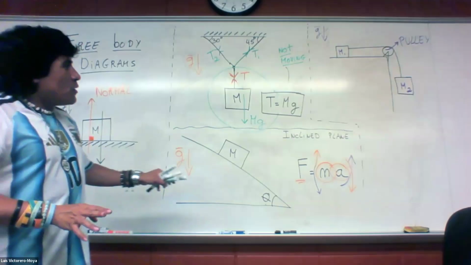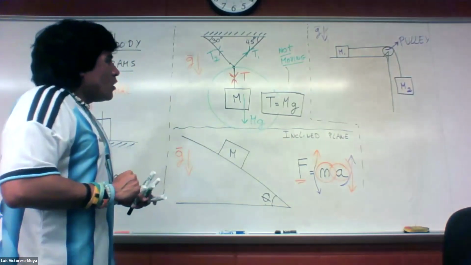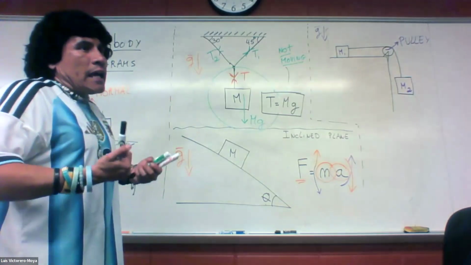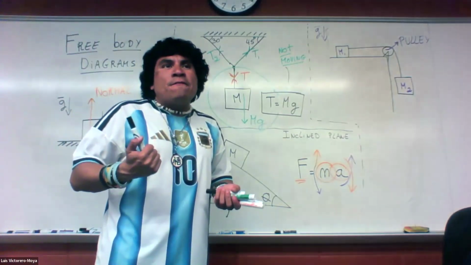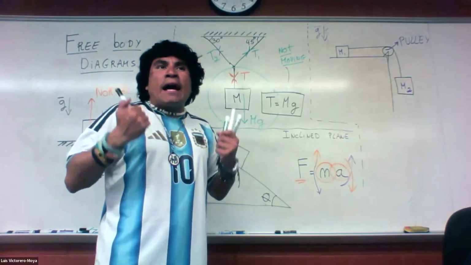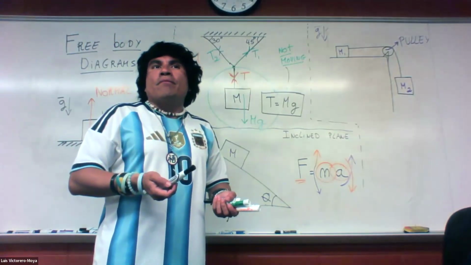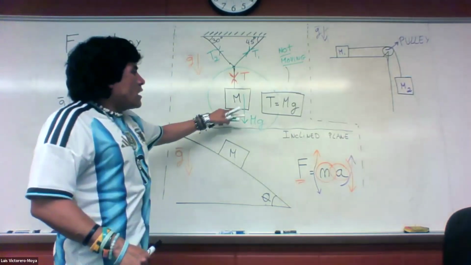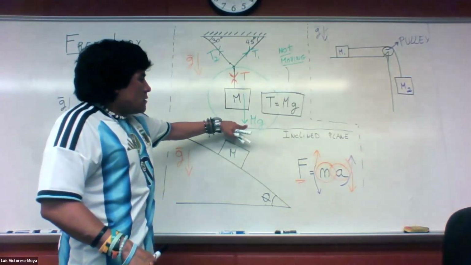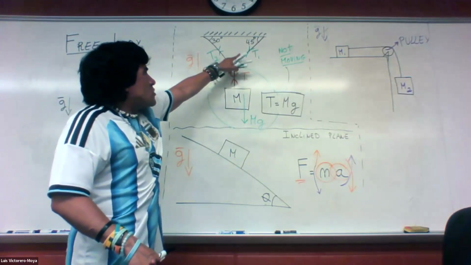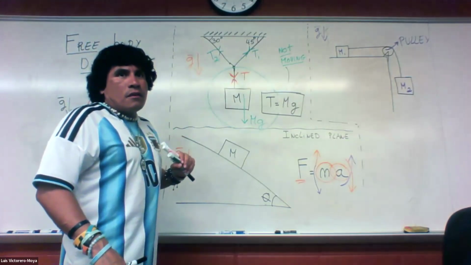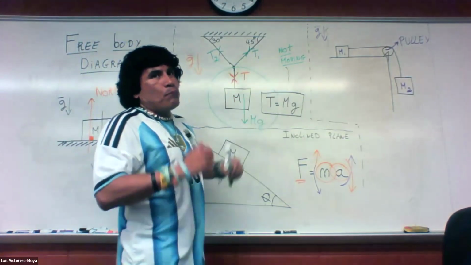I'm just showing you some details of this free body diagram, all right? But again, the idea of a free body diagram is to identify what forces are acting in the system, and in particular on a given body. So this weight, tension, and the tensions here. These tensions here affect this. They're the reason why it's not moving. All right?